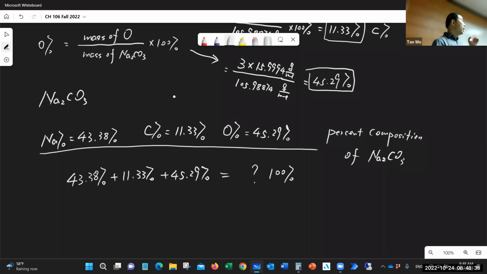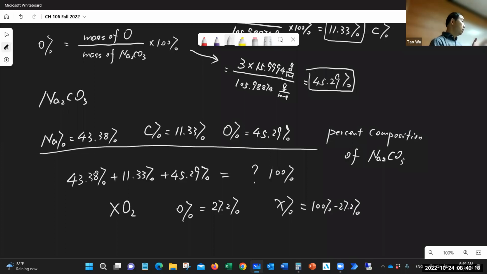So that means, for example, if we have a compound XO2, and the oxygen percent of this compound is 27.2%, what is the X percent for this compound? What is the other percentage for this metal? Well, obviously it should be 100% minus 27.2%.